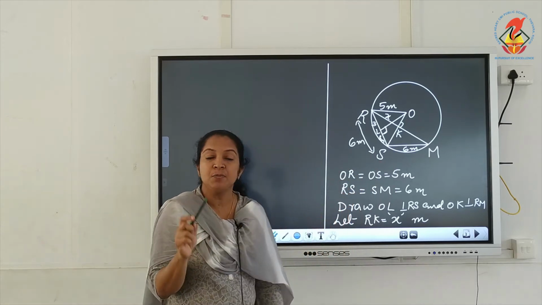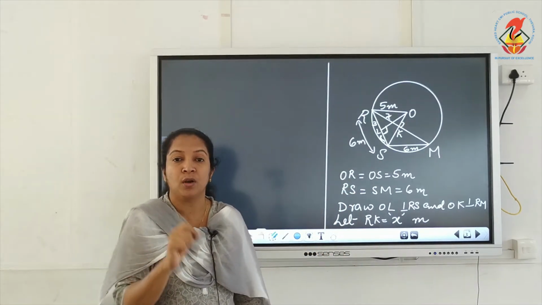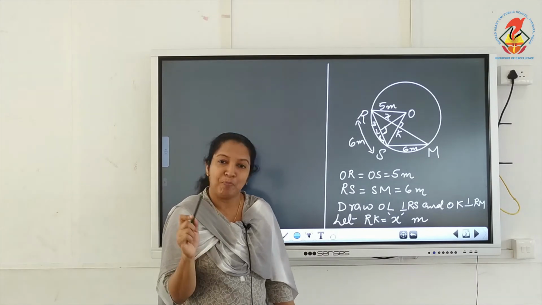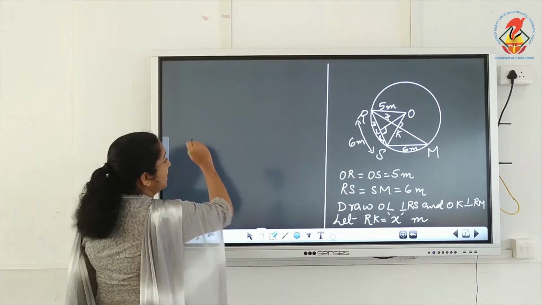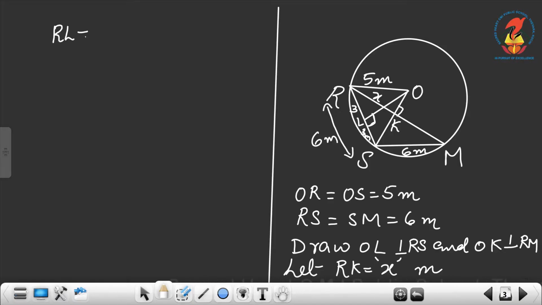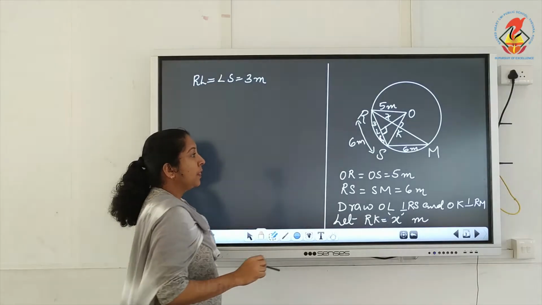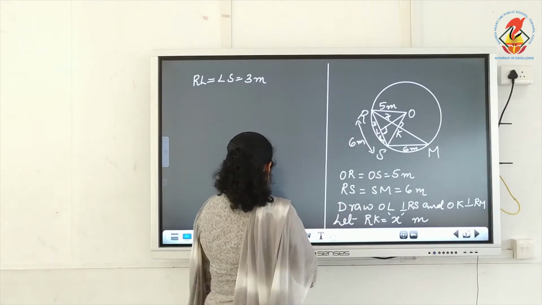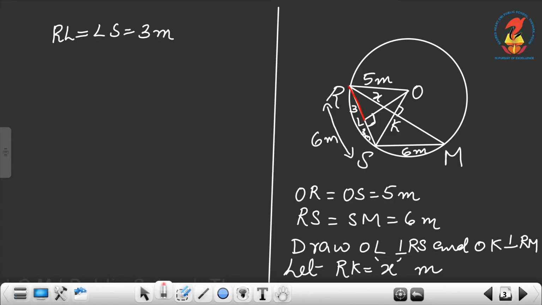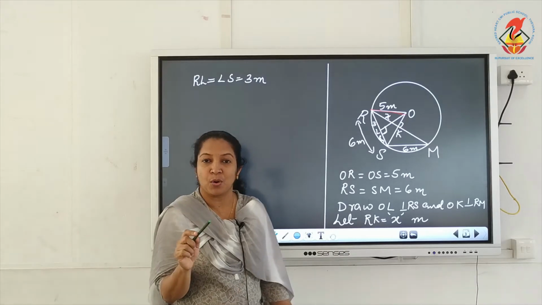Since OL is the perpendicular from center to the chord RS, it bisects it. So RL is equal to LS is equal to 3 meter. We got RL as 3 meter and RO as 5 meter, and OL is not given. From here we can find OL.